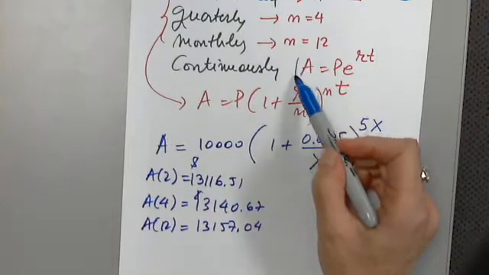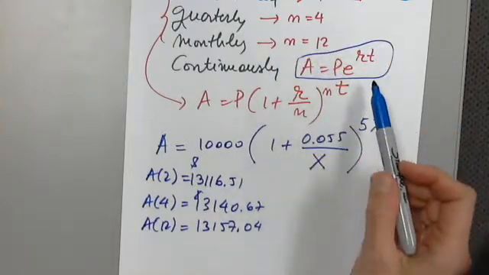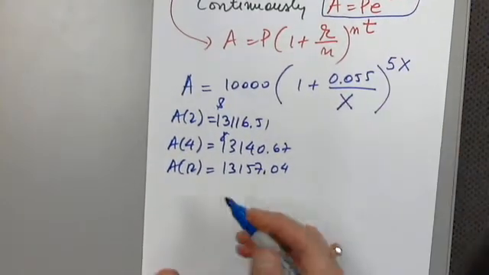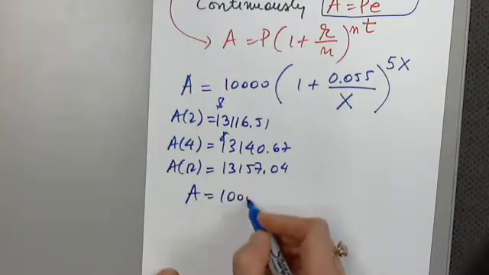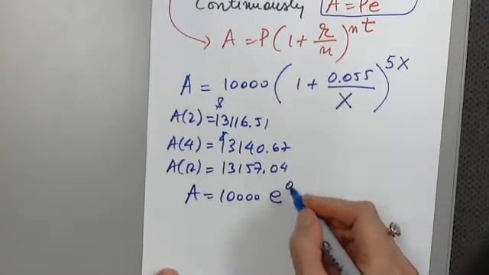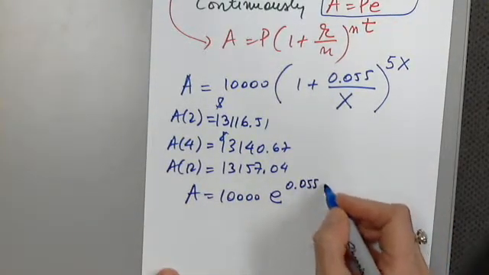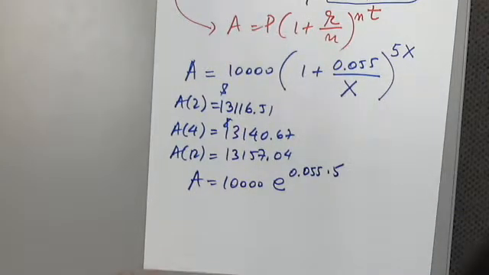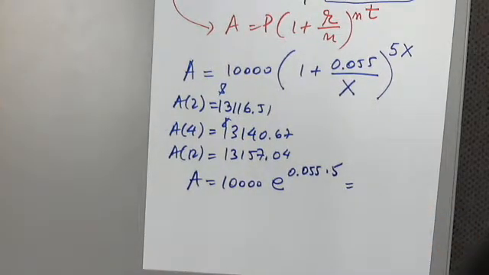Now, this one is only by itself. I will write A equals 10,000 e to 0.055 times 5. So let's see what we get if we deposit $10,000 at 5.5% for 5 years, with the interest continuously compounded.